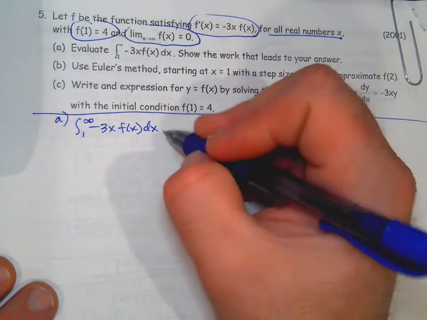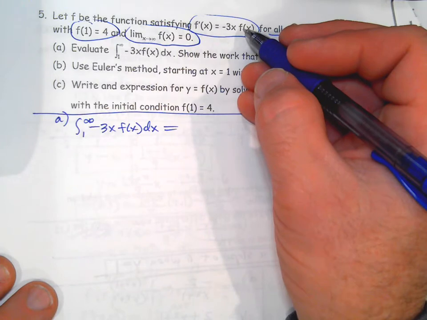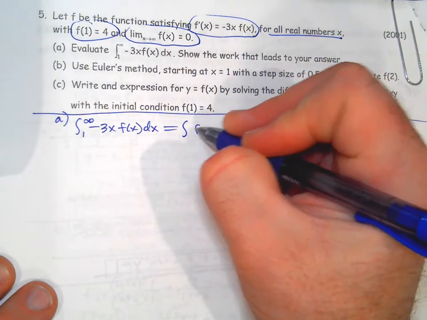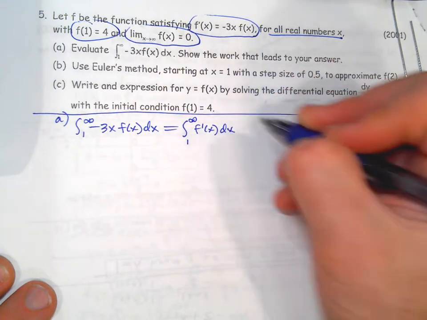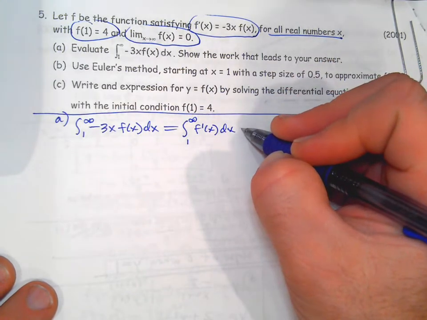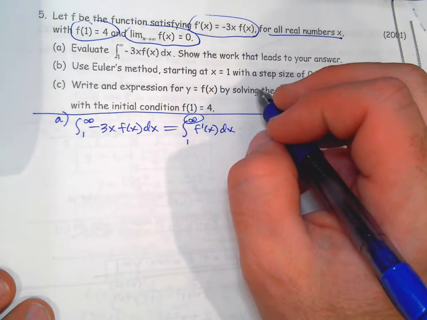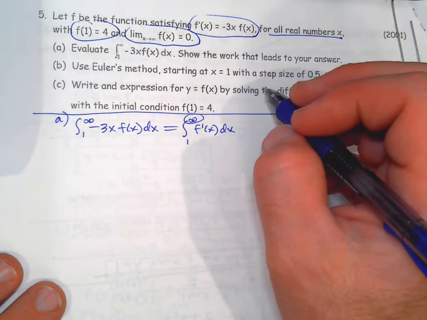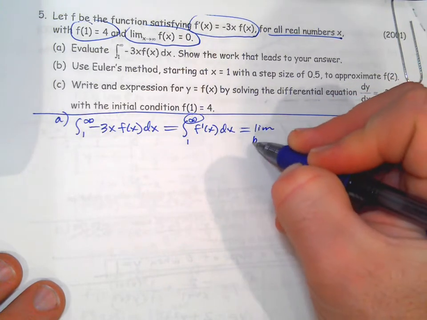Okay, well, what you guys should realize is that -3x f(x) is f prime of x, right? Which means, and this is an improper integral, so we could say that this equals the limit as b goes to infinity.